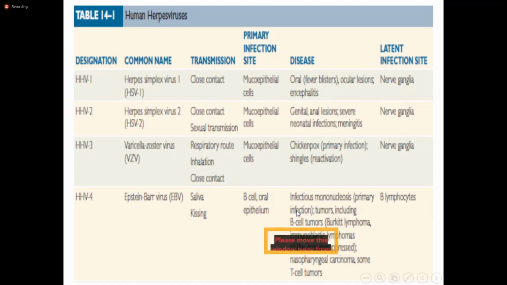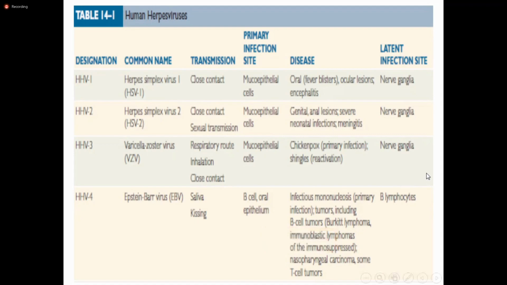It may also cause tumors, including B cell tumors like Burkitt lymphoma, immunoblastoma, mainly in immunosuppressed patients, and nasopharyngeal carcinoma, and sometimes T cell tumors.